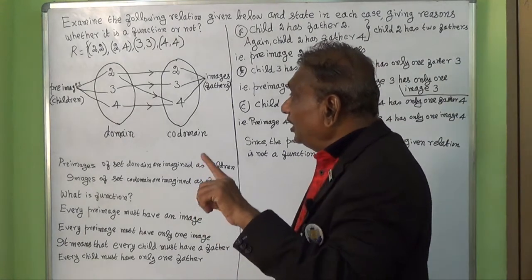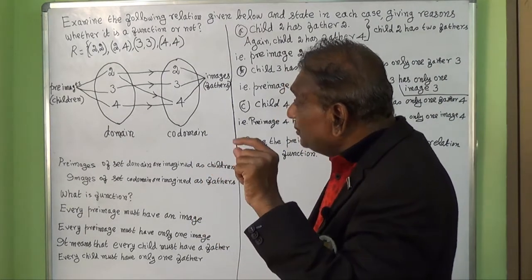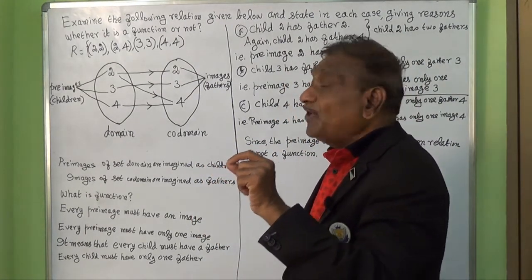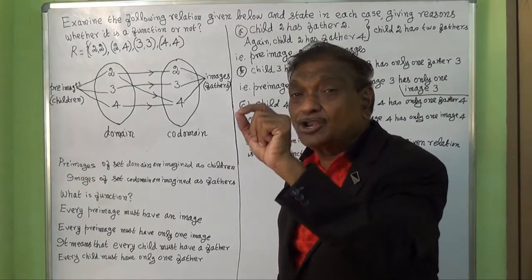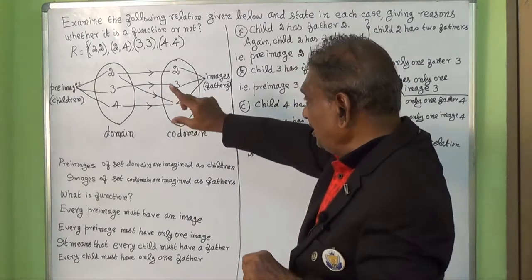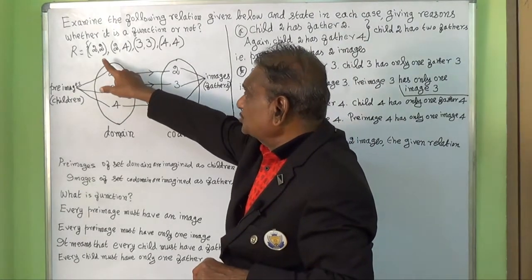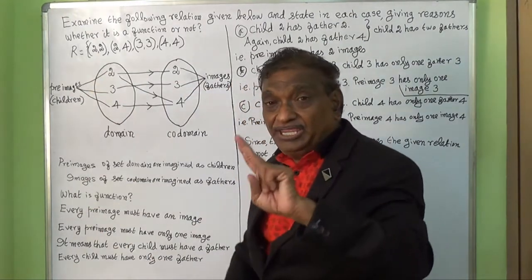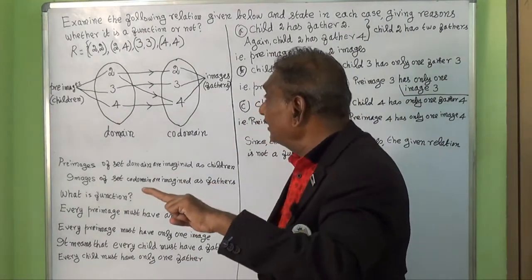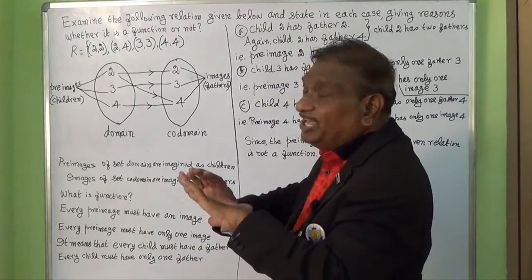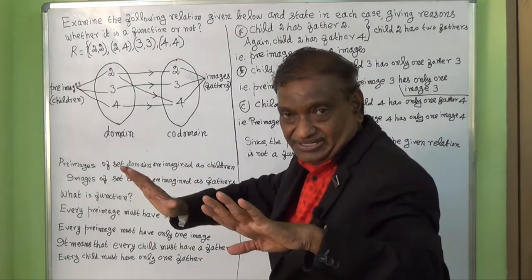Again, we can also simply find whether the given relation is a function or not. That is, if the first element of any ordered pair is repeated, then the given relation is not a function.